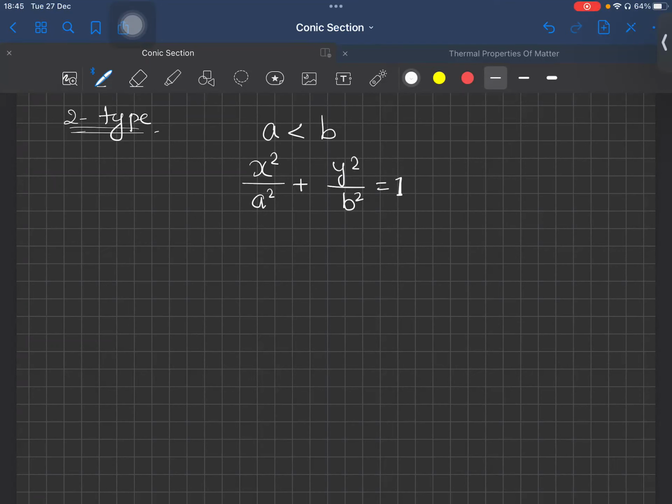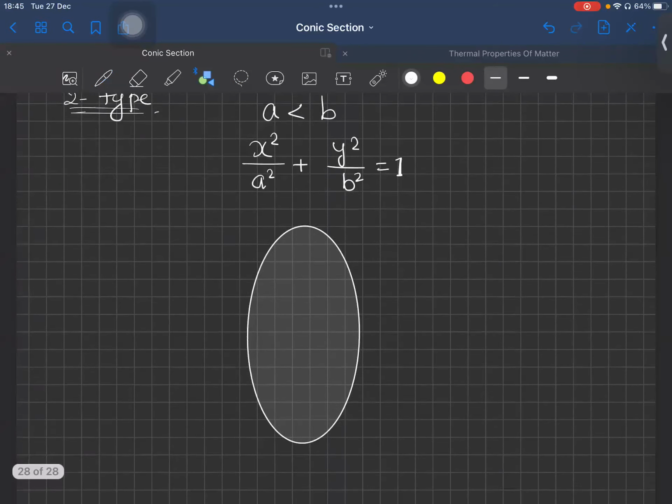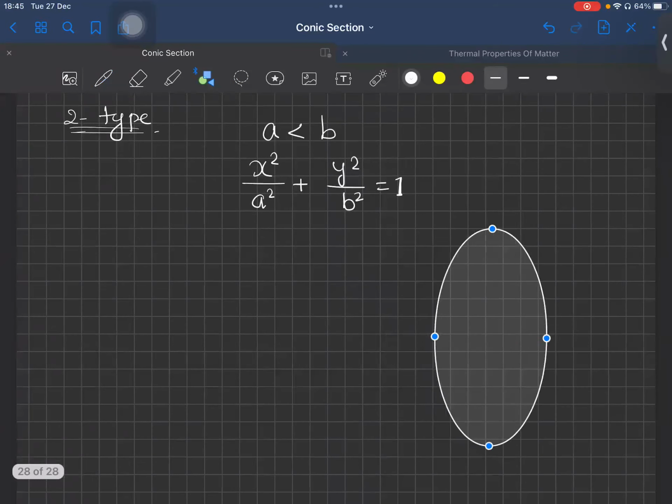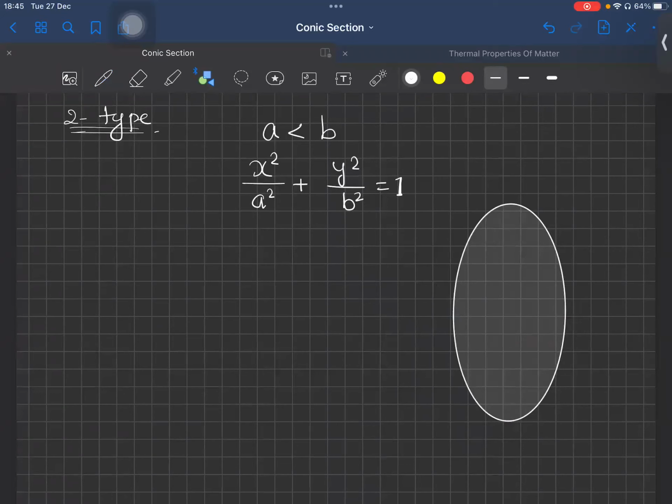Let's draw the ellipse first. The ellipse will be this shape. Everything else is the same, just x will convert to y and y will convert to x. If you have understood one type of ellipse, that standard equation, you can solve it easily.